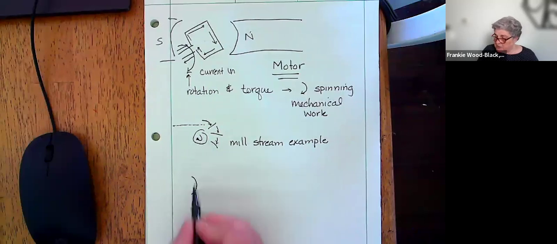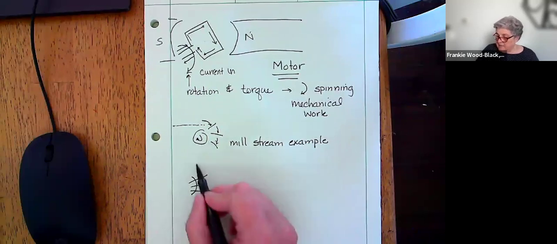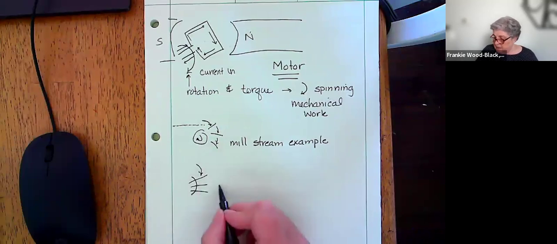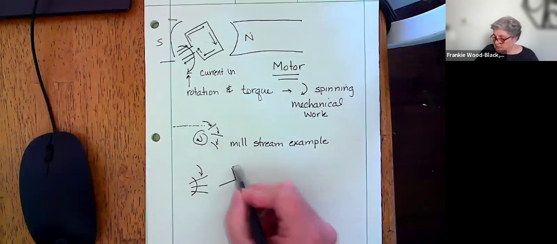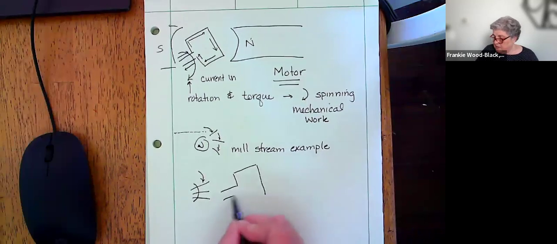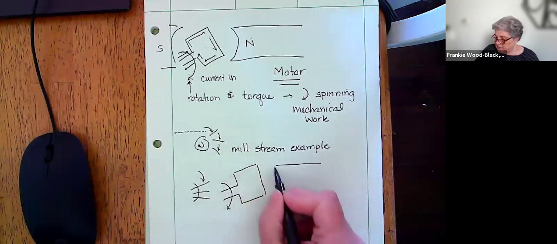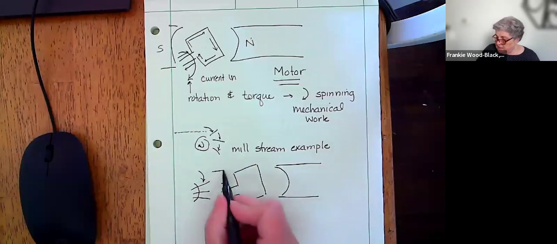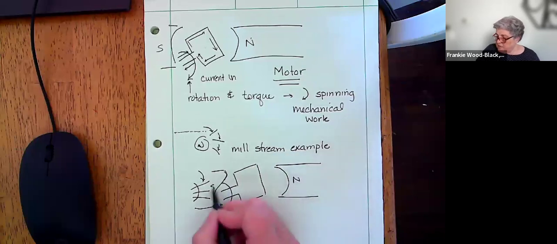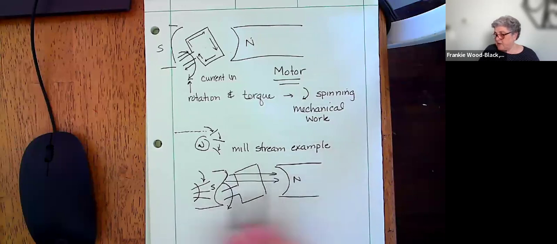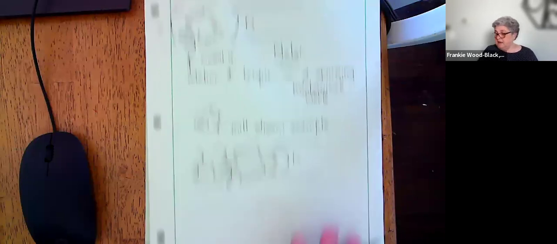Now, we're going to use our same mill stream example. So now I've got my mill stream here, and I've got my water coming in. And if I do this, I can cause this to rotate. And if I put this inside a magnetic field, what we saw yesterday was a changing magnetic field, because even though the magnetic field isn't changing, how my wire sees that magnetic field changes.